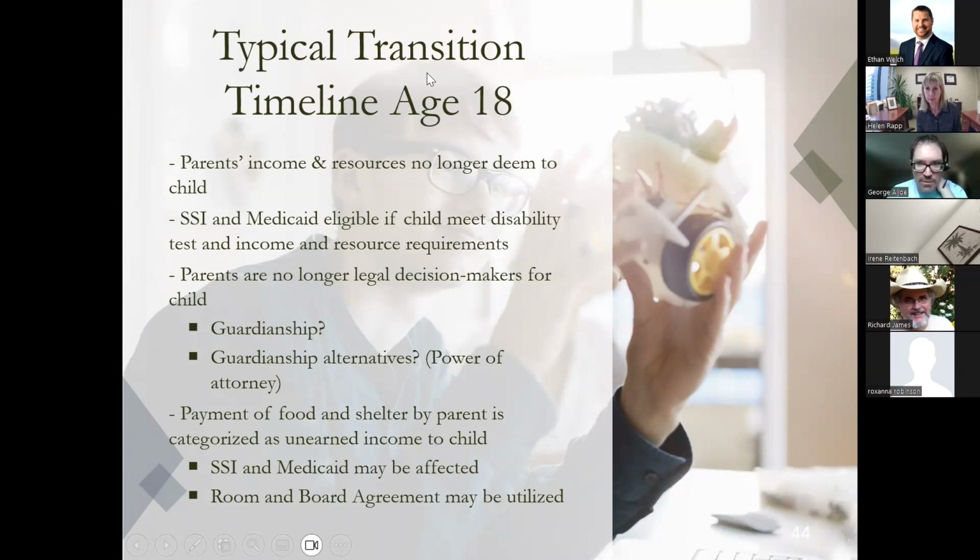So I'll jump in here then for talking about the transition timeline. This is when an individual turns 18, they are now an adult, and their benefits picture is evaluated based on their own information, and by and large, their parents' assets and eligibility is no longer really a factor.